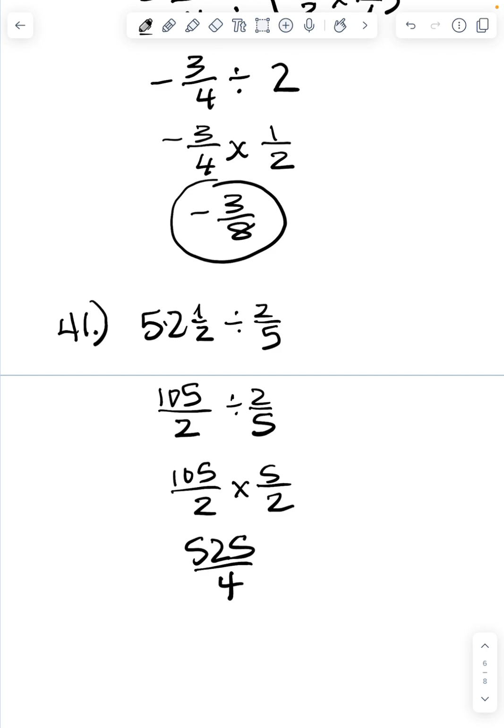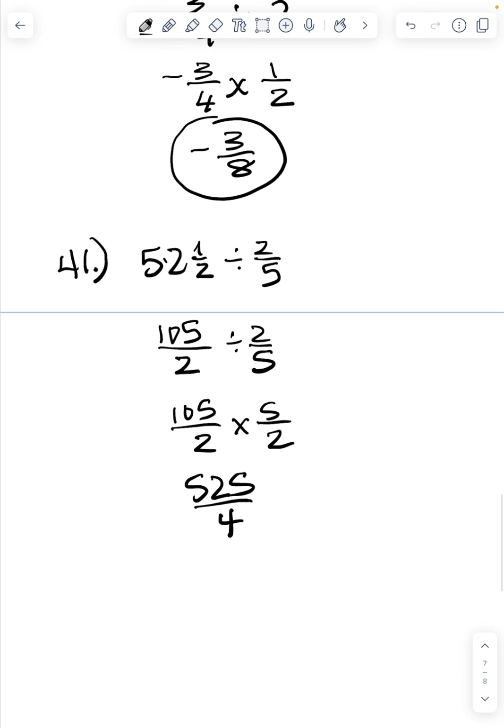This doesn't make so much sense, so oftentimes we leave these as improper fractions, but when you're doing a real world problem, it doesn't so much make sense to leave it like that. So what we'll do is just divide it, make it a mixed number, which is 131 and 1/4. So that gives us an idea. It's going to be 131 lots is what this will be split into.